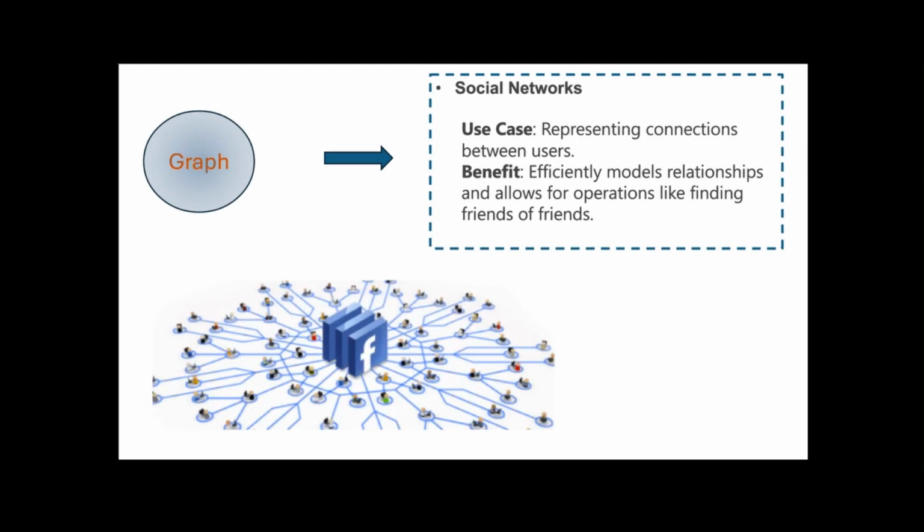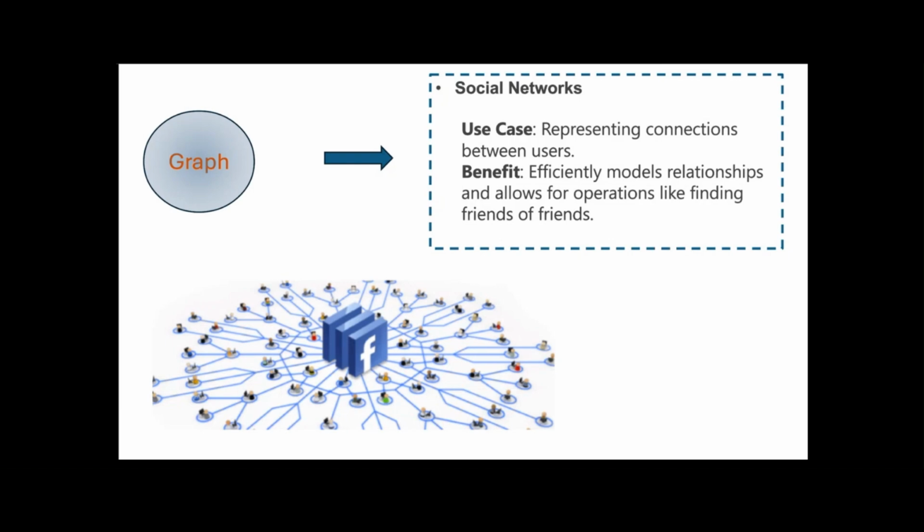And then the graph. As I explained, social networks are a very good example or scenario where a graph is used, representing the connections between users, like friends.